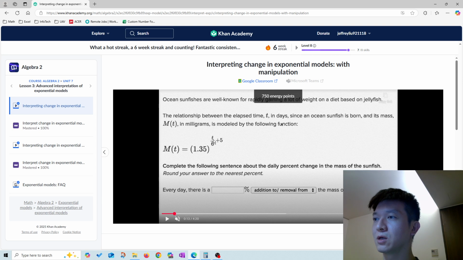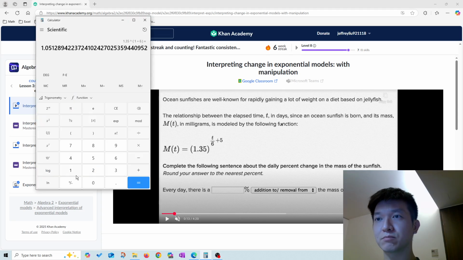So 1 is gonna be 1.35 to the power of 1 divided by 1.35 to the power of 0, right here. So this is our number. It says round your numbers to the nearest percentage.